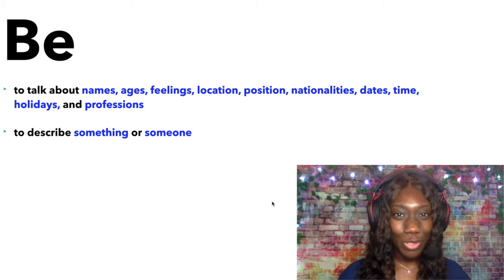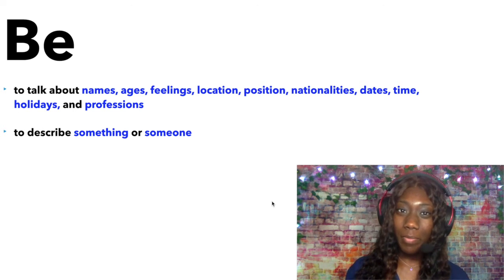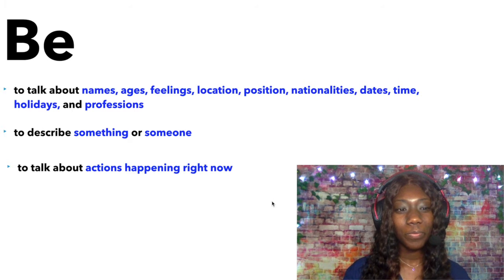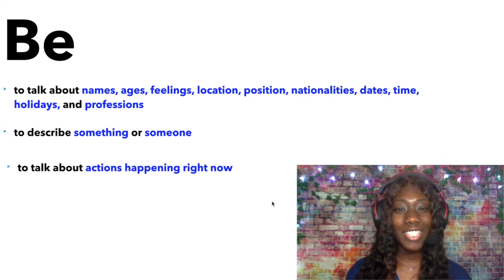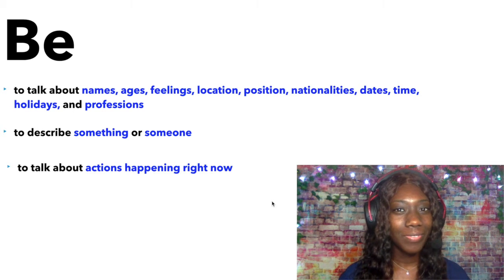You also will use the verb to be to describe something or someone. You also will use this verb to talk about actions happening right now.